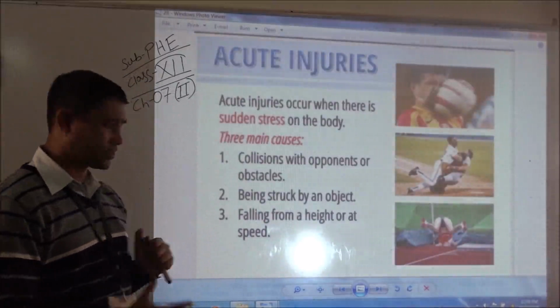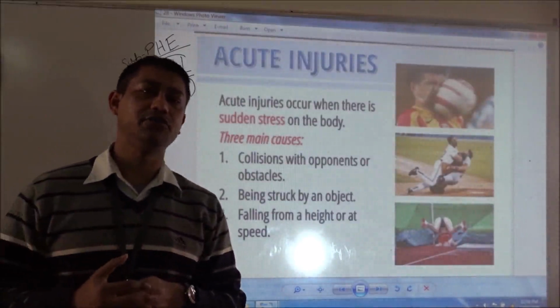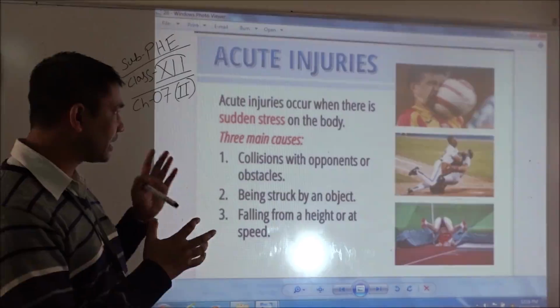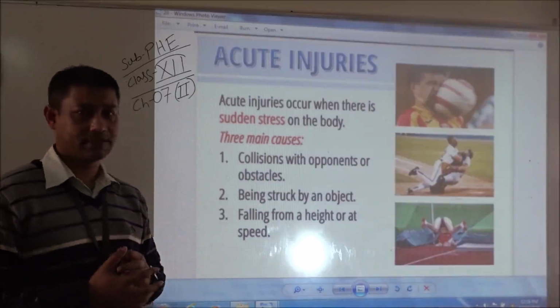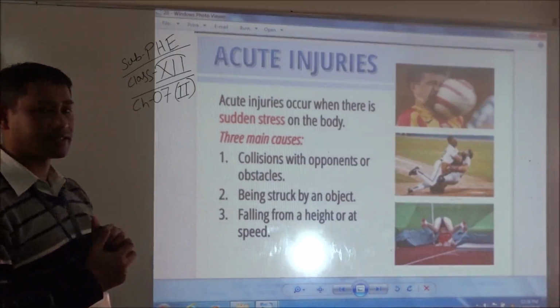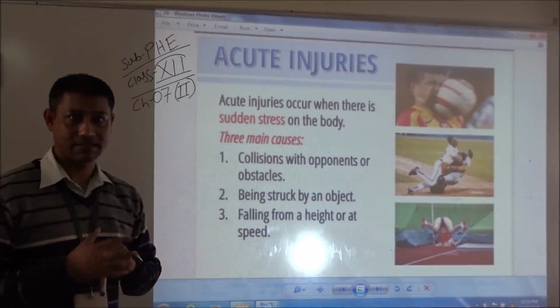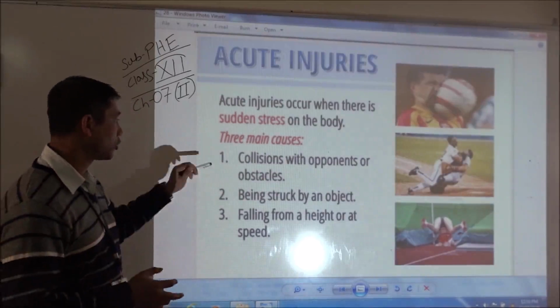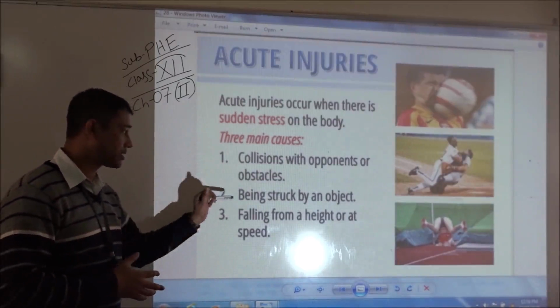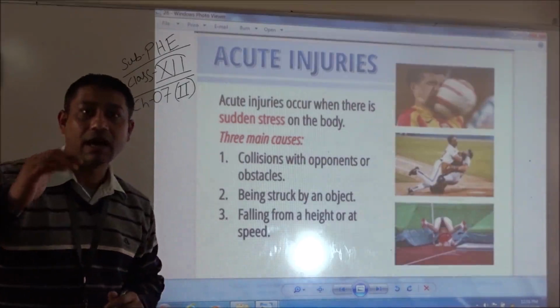Next, we are going to discuss the types of injuries. Basically, these are the common types, that is acute injuries. Now, what are acute injuries? They occur when there is a sudden stress like collision, being struck by an object, falling from a height.